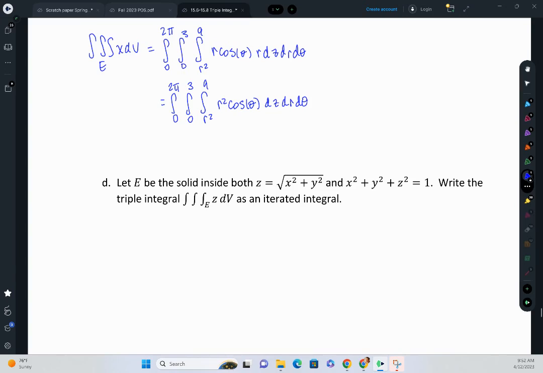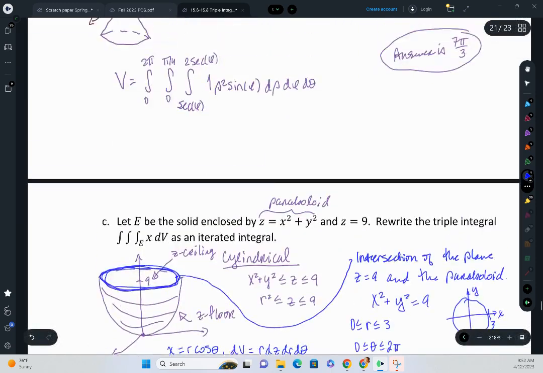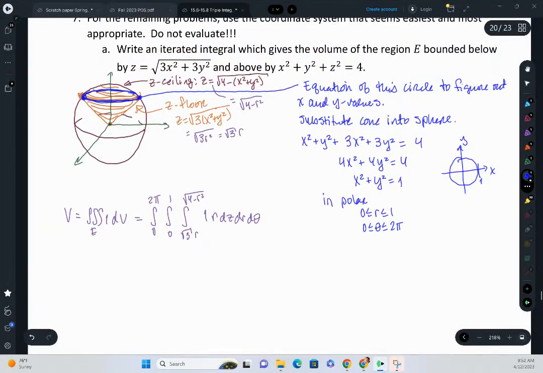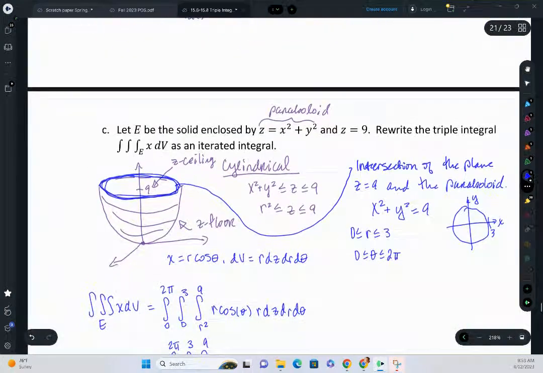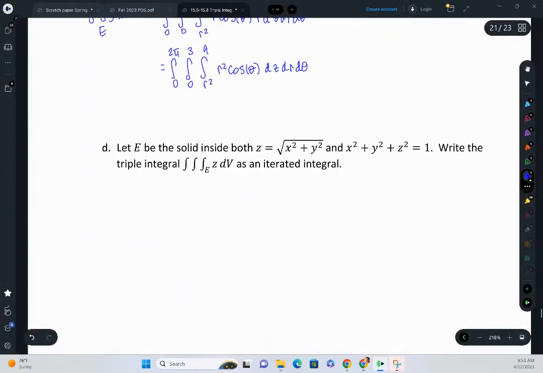Okay, so this is a very similar shape to what we had before. Let's go up here to part A, and I used cylindrical then, because it was a non-standard cone. But with this one, in part D, z equals the square root of x squared plus y squared, that's just phi equal to pi fourths.